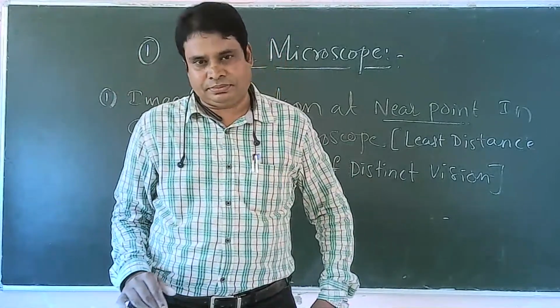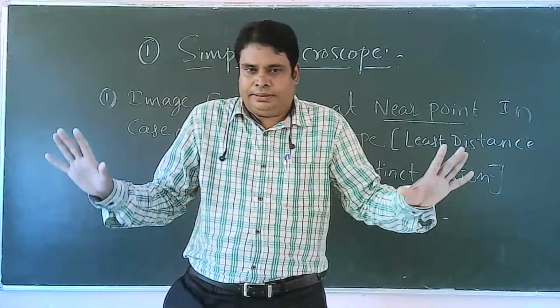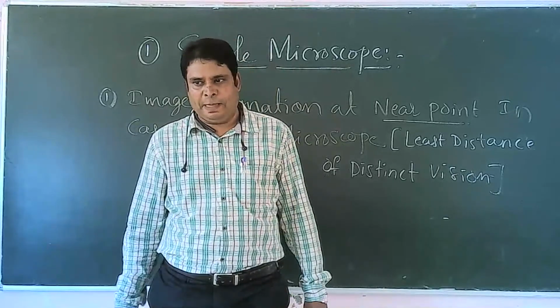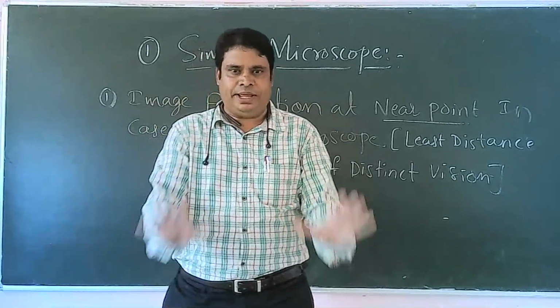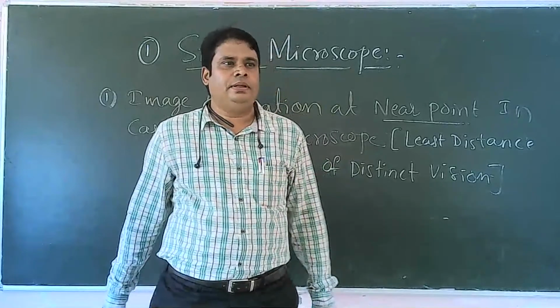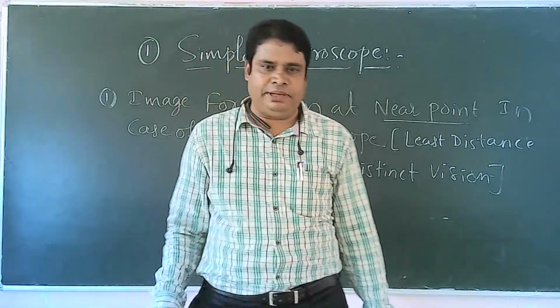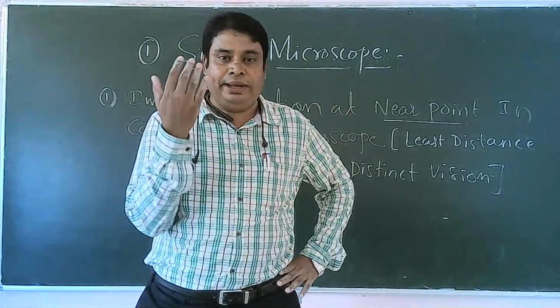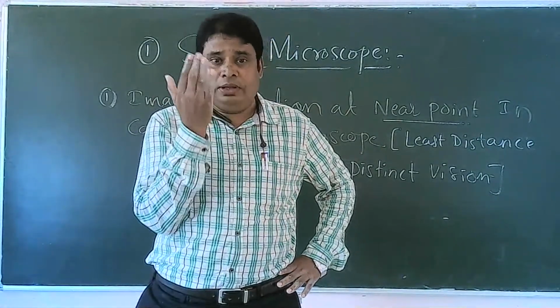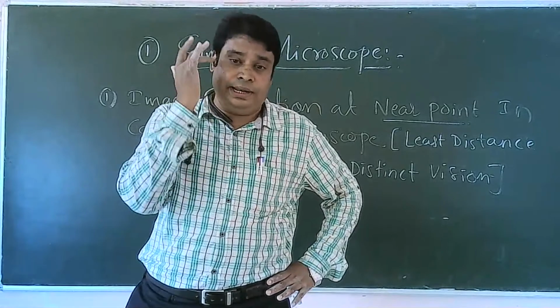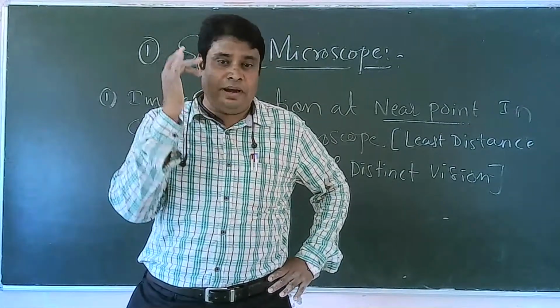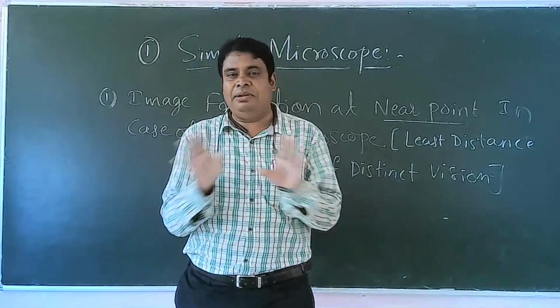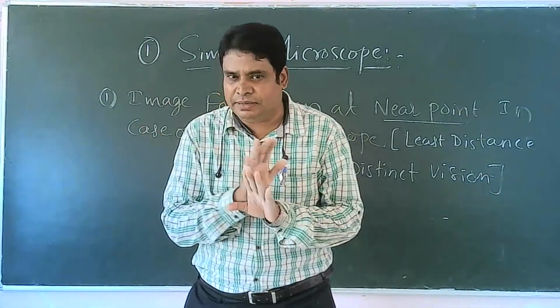There is a certain limitation. For a very normal man with a healthy personality, this normal vision is around 25 centimeter. If it is less than 25 centimeter, the image formed on the retina, which is a part of the eye where the image is formed, I will not go into detail.